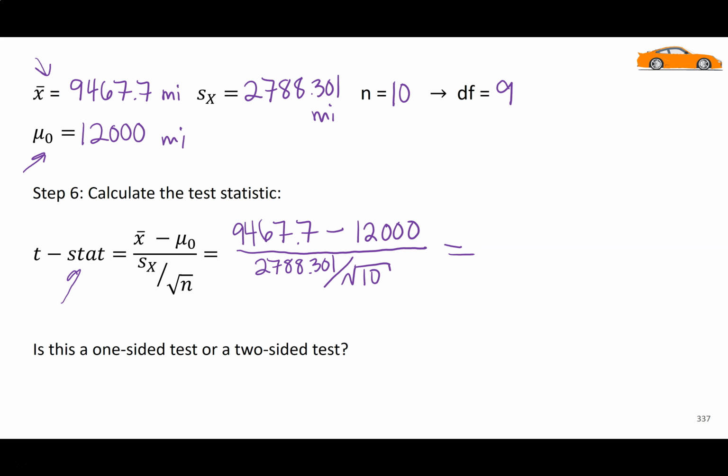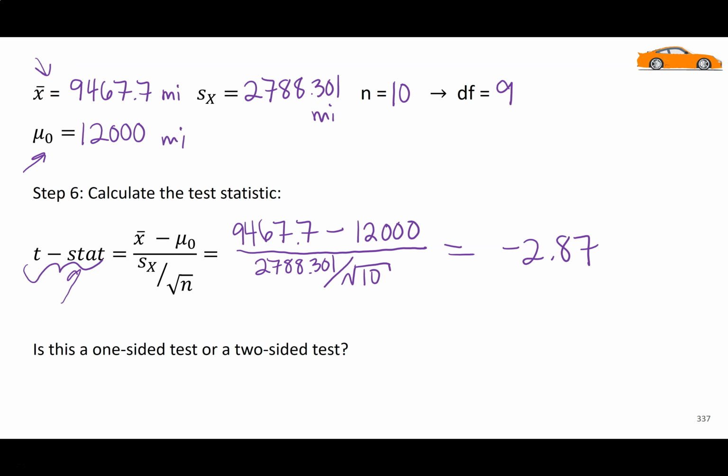Obviously, this is not head math. I totally encourage you to throw this into a calculator or R. But with some rounding, I get about negative 2.87 as my t-test statistic.